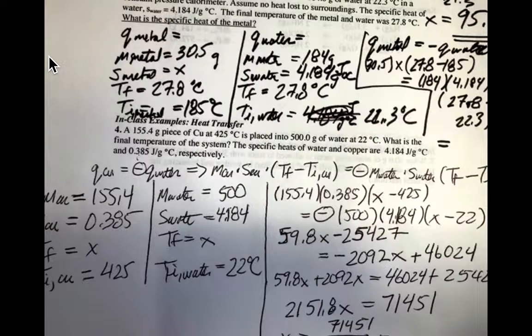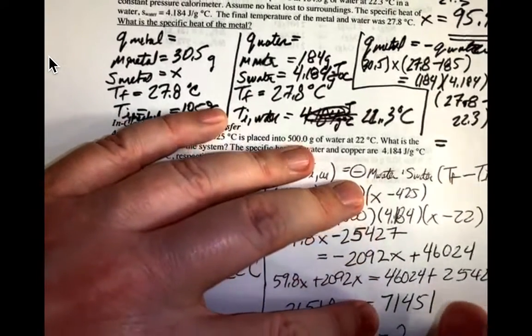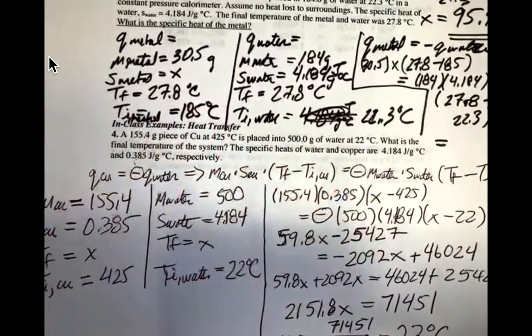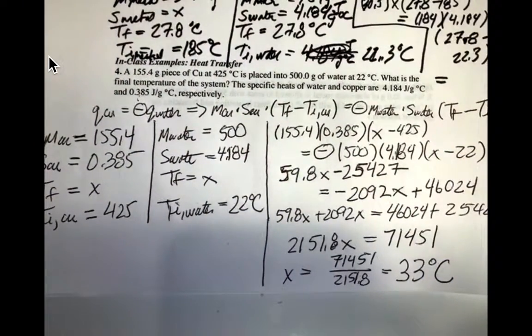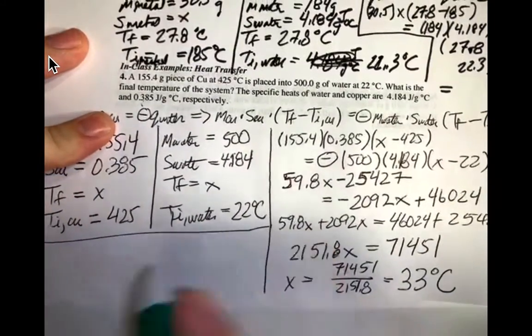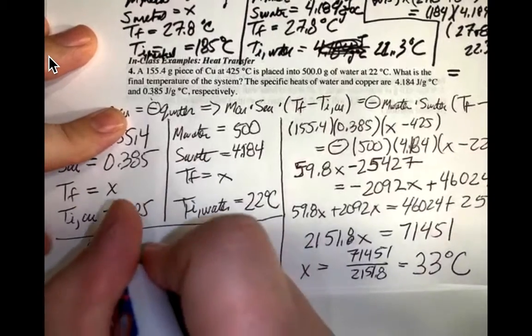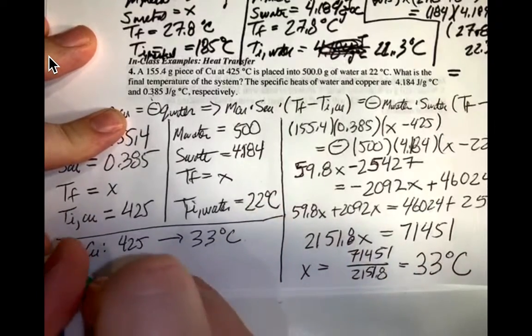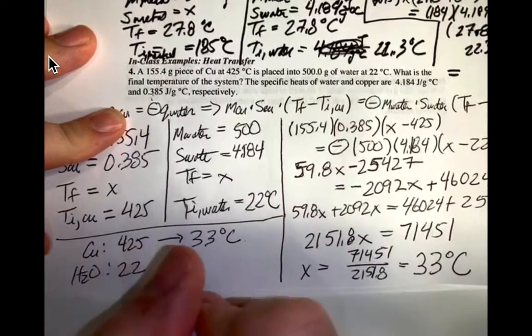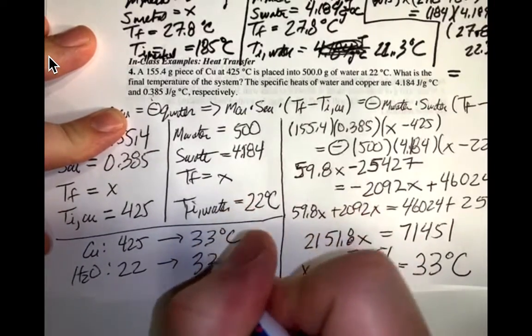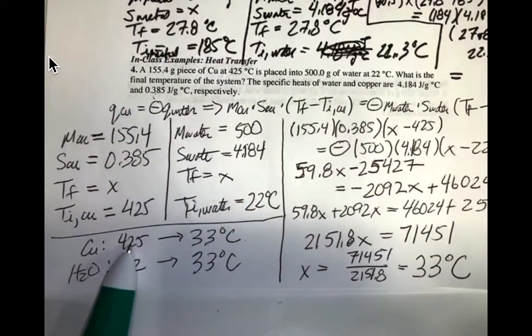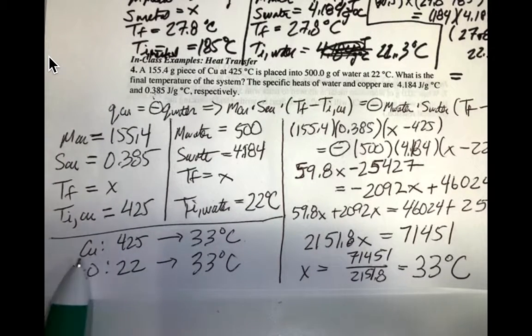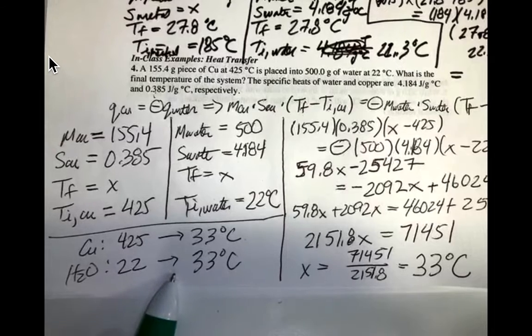Okay, so 71451 divided by 2151.8. This gives me 33, and the units here are degrees C. What's pretty interesting that's happened here is we had a piece of metal, and the copper went from 425 all the way down to 33 degrees C. But our water went from 22 just up to 33 degrees C. And so it took all of this heat coming out of this copper to bring the water up just 11 degrees.